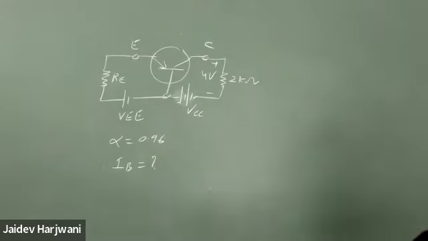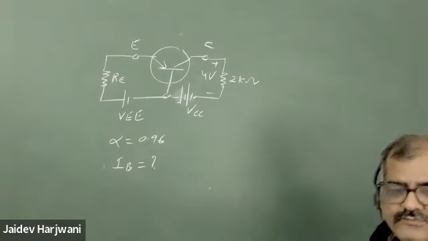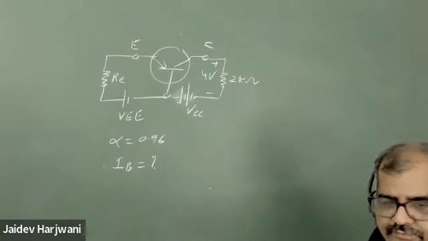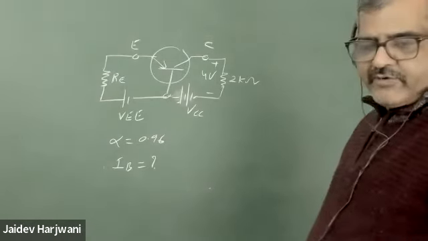Can you find out IB? So how will you calculate?